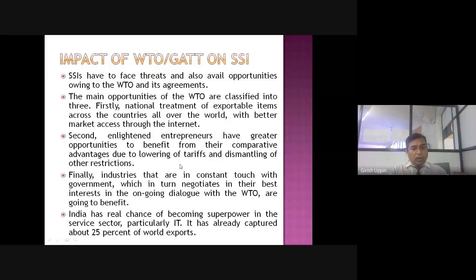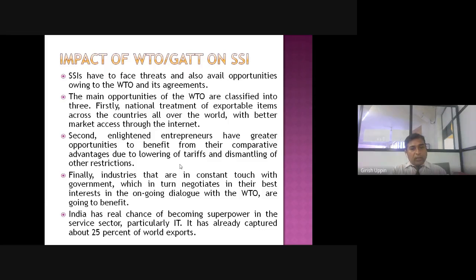It gave a big advantage for that kind of entrepreneurs and industries. And finally, industries that are in constant touch with the government, which in turn negotiates in their best interest in the ongoing dialogue with the World Trade Organization, are going to benefit. Certain industries who think they are going to benefit started negotiating their terms through the government body with the World Trade Organization.